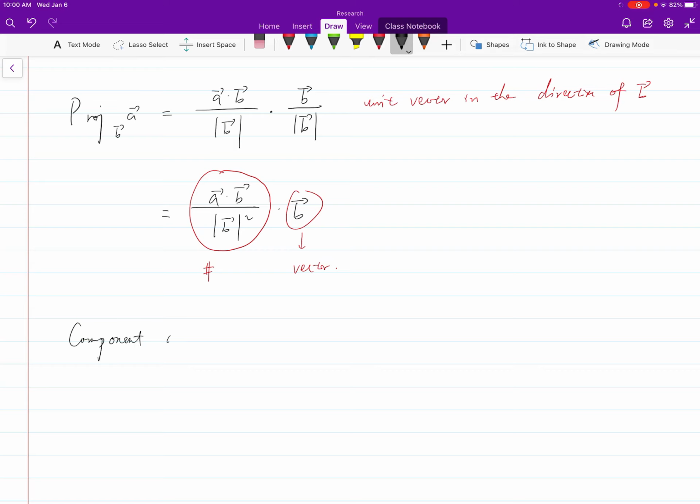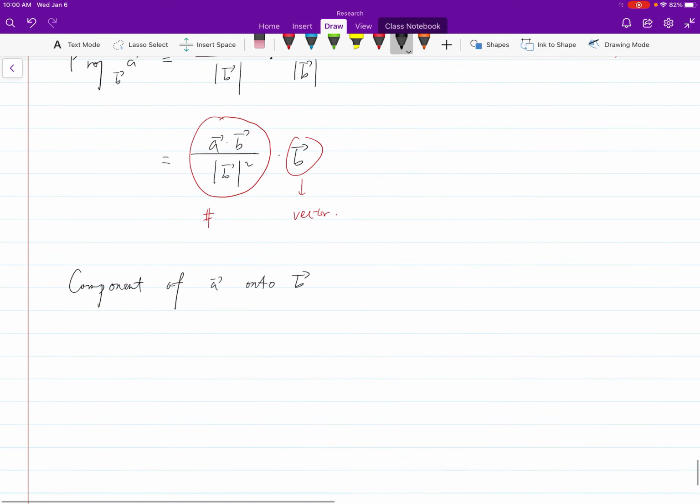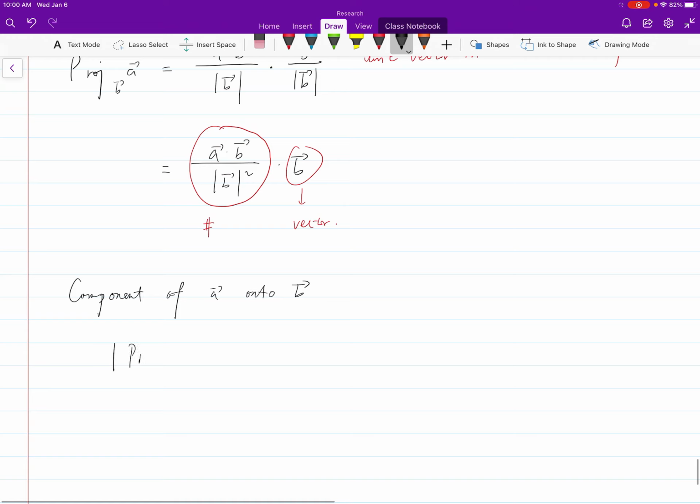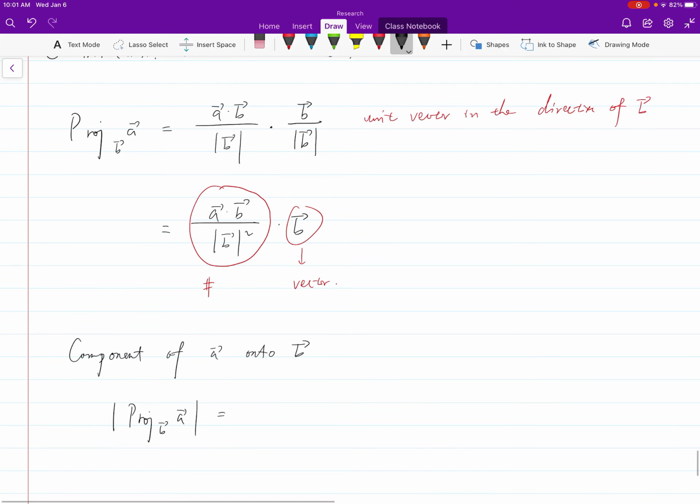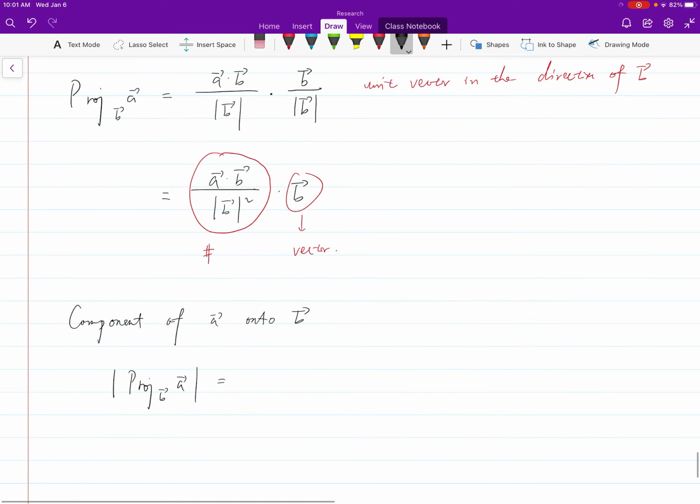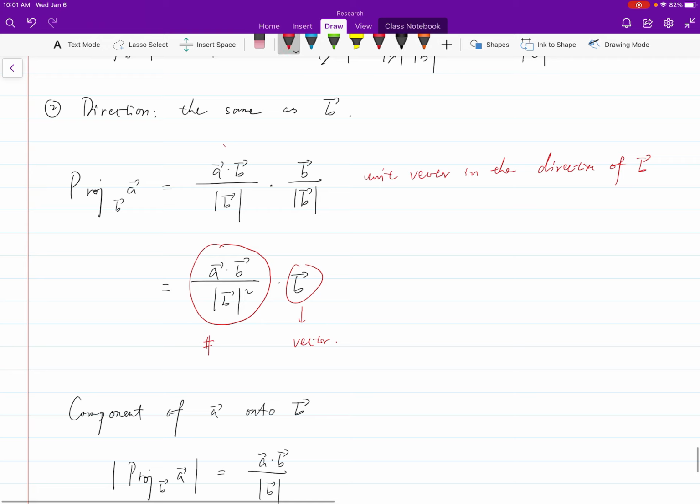But we also want to define the component of A onto B. This is just some terminology. Which is nothing but the magnitude of your projection, which is nothing but this, which is just the first part.